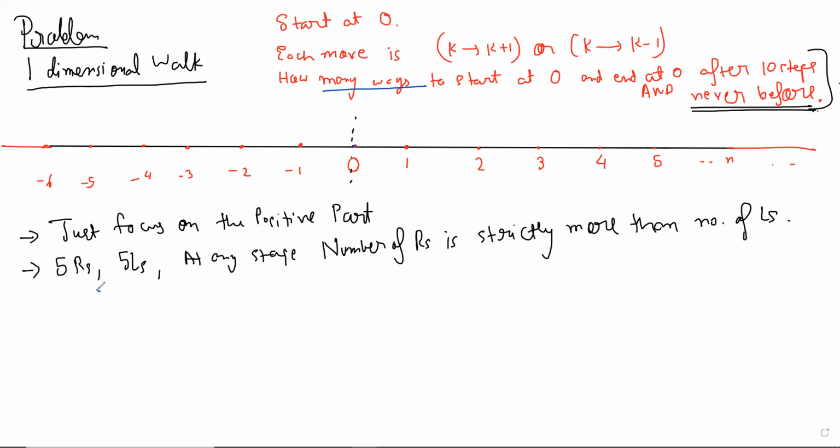So for example, you can just take a very simple example. Just take 5 R's and then take 5 L's. But you can take many other examples. Not coming back before means that at every stage you should have more R's. Otherwise, if your number of R's becomes equal to number of L's, you'll be back to the origin, right? So we don't want that, except at the end.